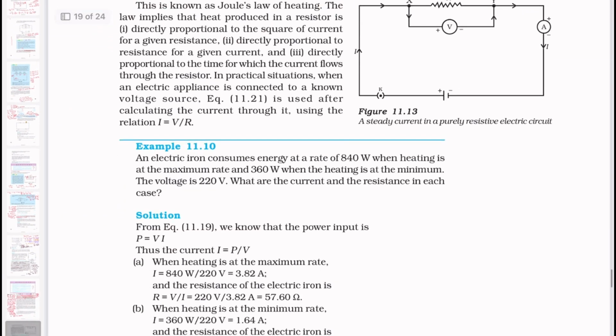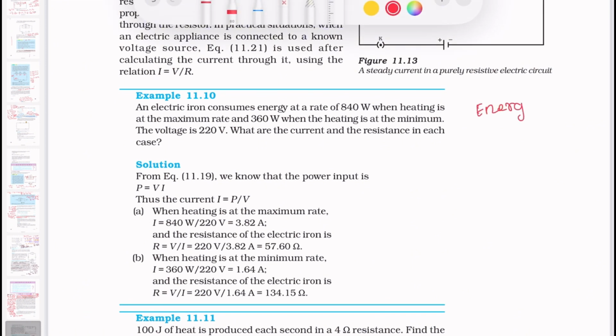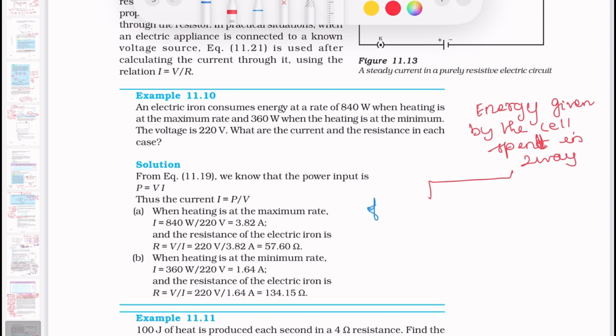So here what we are going to say is the energy given by the cell is spent in two ways. What is the first way? The first way is that this energy is used for maintaining the continuous flow of current in the circuit.